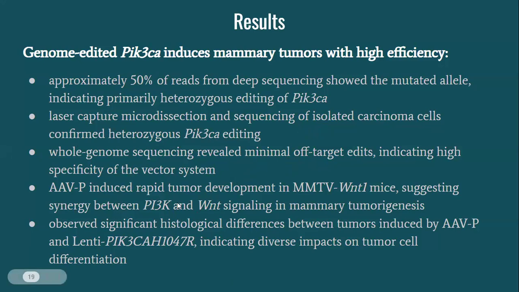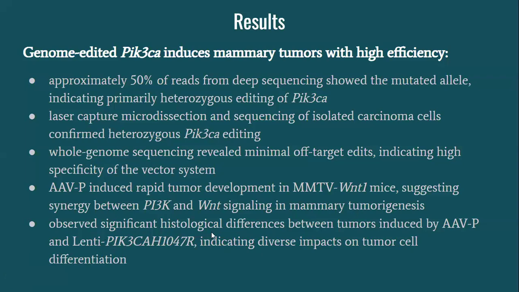system. So AAVP induced rapid tumor development, as I've mentioned before while explaining the image, in the Wnt1 mice, suggesting synergy between PI3K and Wnt signaling in mammary tumorigenesis.